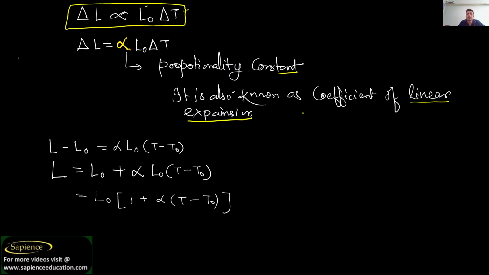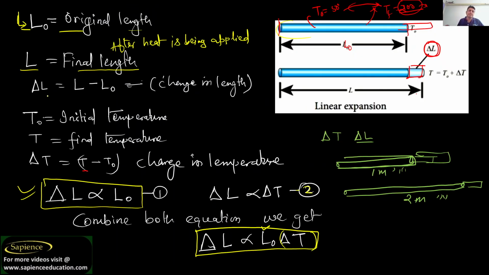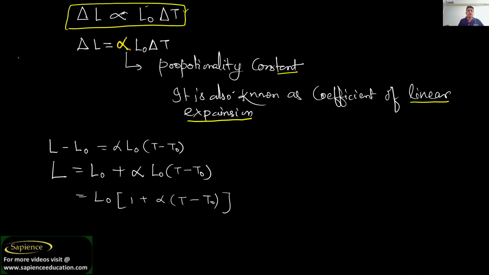Now tell me, we have earlier studied that change in length is equal to what? Change in length is equal to L minus L naught. So here I have given change in length as L minus L naught in place of this.